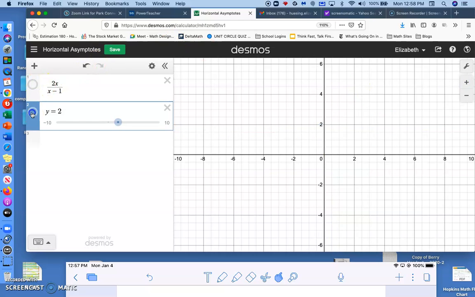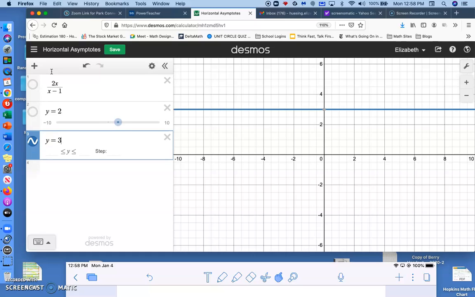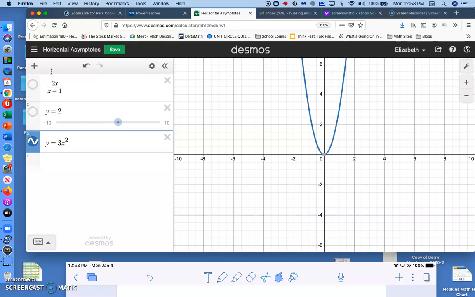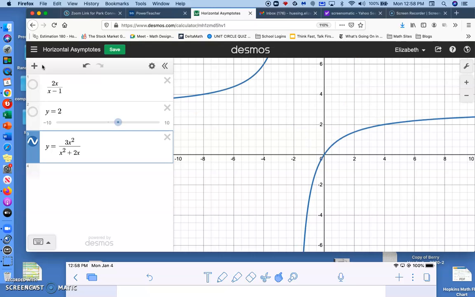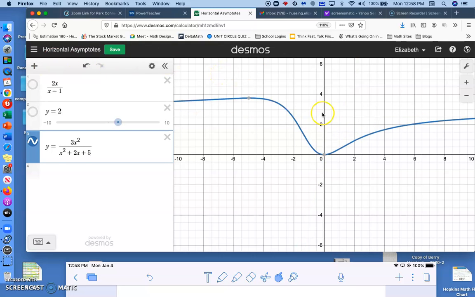Okay, let's take a look at another one. Let's say we had y equals 3x squared divided by, say, x squared plus 2x plus 5.